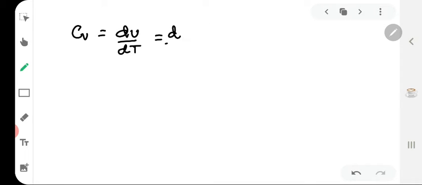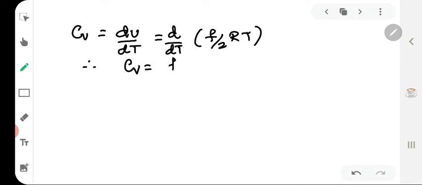So this is equal to d by dT of the value of U, that is F by 2 RT. So therefore Cv comes out F by 2 times R.